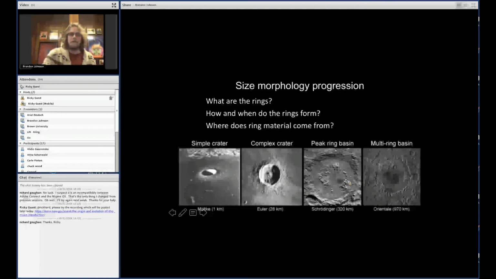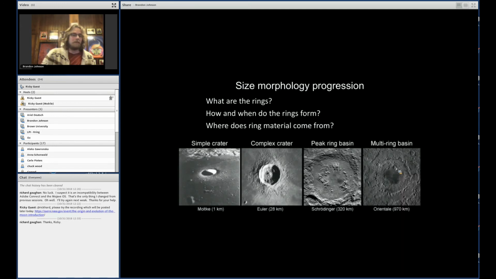Then we get up to a nice peak ring basin, and then on to multiring basins. In the peak ring basin, we have an inner ring and then a rim. And then in the multiring basin, we have two outer rings and then an inner ring that's more similar to peak rings of smaller basins. So essentially, our understanding of craters gets worse and worse as the size of the crater gets bigger.